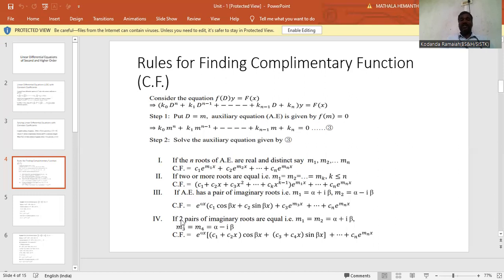And the fourth rule is, if two pairs of imaginary roots are equal, that is m1 equals m2 equals alpha plus or minus i beta, then we can write the complementary function as e power alpha x into c1 plus c2x into cos beta x plus c3 plus c4x into sin beta x plus and so on plus cn e power mn x. So these are the must-follow rules of the complementary function.